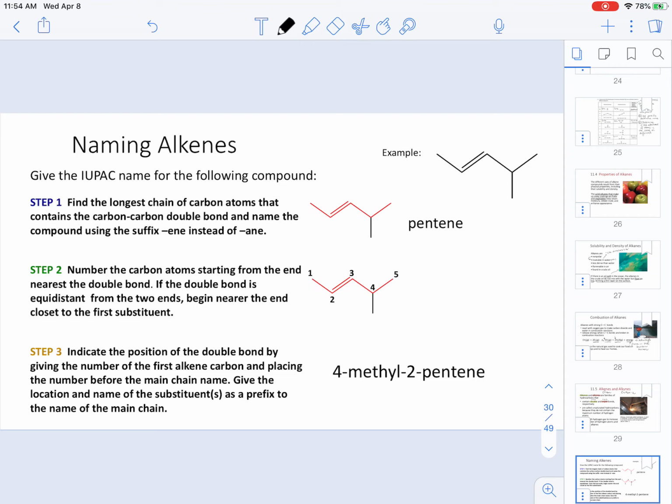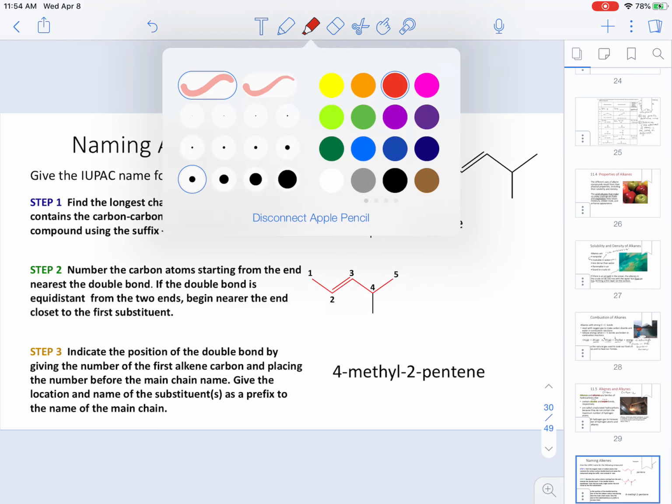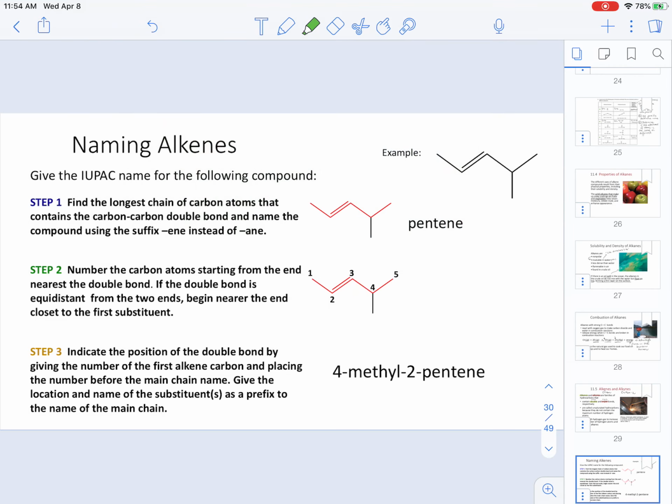As I established in the beginning of this lecture series, the first rule every time we deal with organic compounds and their functional group is to find the longest carbon chain of atoms. When it comes to alkenes, that longest carbon chain needs to contain the carbon-carbon double bond.